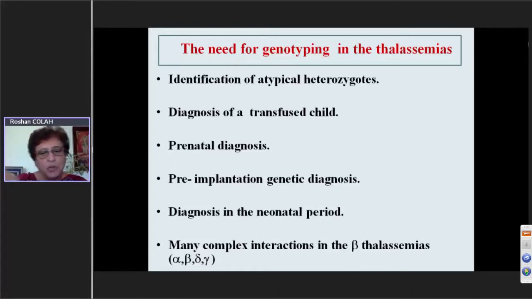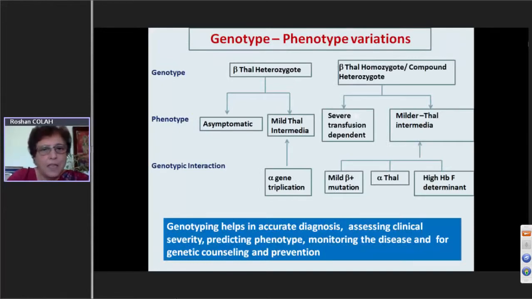For prenatal, pre-implantation diagnosis, neonatal diagnosis, for all these, genotyping is needed. And also to see the many complex interactions in the thalassemias between different genes, the alpha, beta, delta, gamma genes, and they lead to variations in presentation, so sometimes you need to look at these interactions.